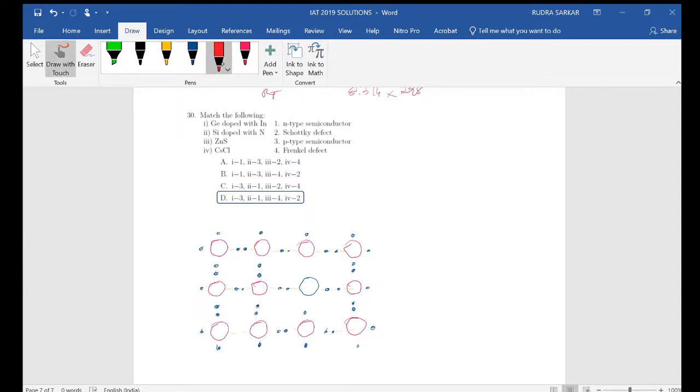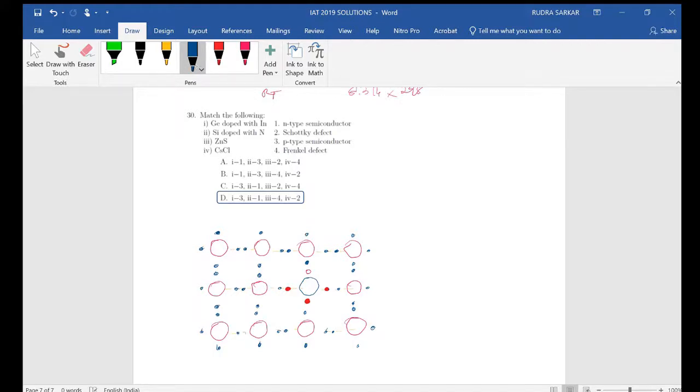That means one electron over here, one electron here, one electron here, and here we have a hole. So basically, for germanium there are all 4 electrons, so there is no creation of hole.